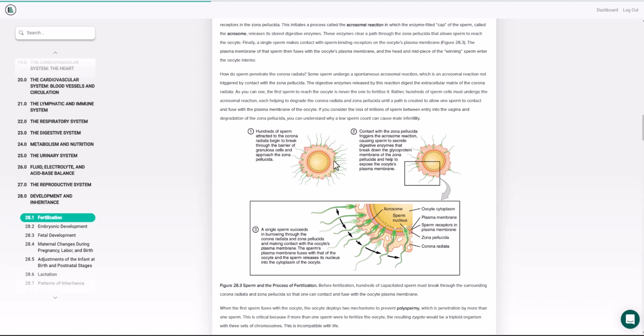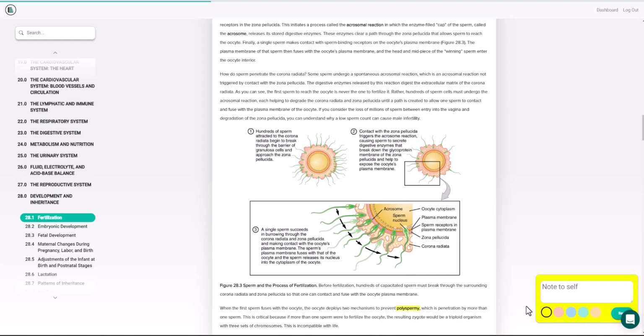What would happen if more than one sperm penetrated an egg? Oftentimes I'll hear someone say, "Oh, there'll be twins." No. That's not how twins are formed. If more than one sperm penetrates the egg, that's called polyspermy.